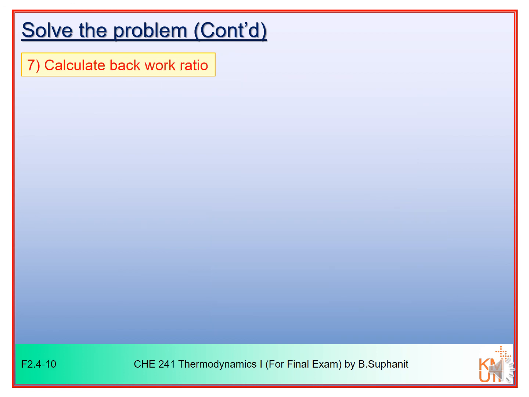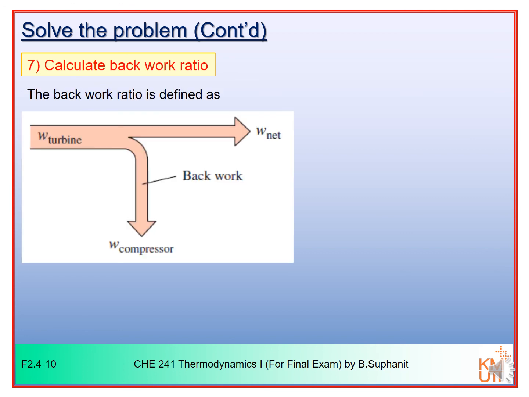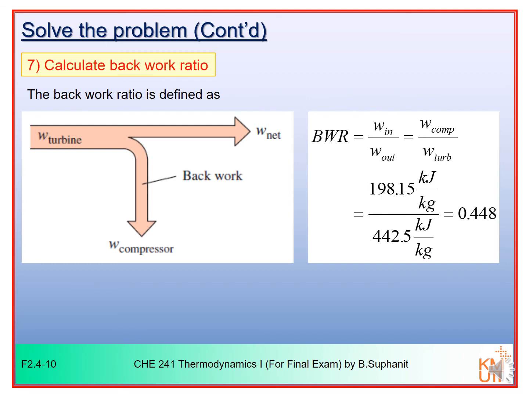Next, the back work ratio is defined as the ratio between W in over W out. In this case, that would be W com over W turbine, which we can calculate to be 0.448.